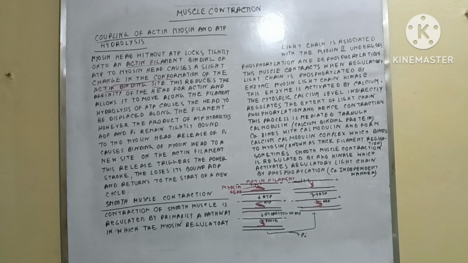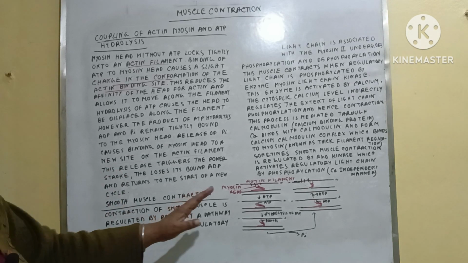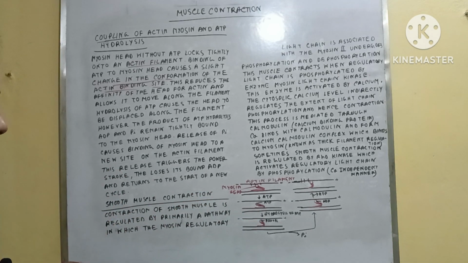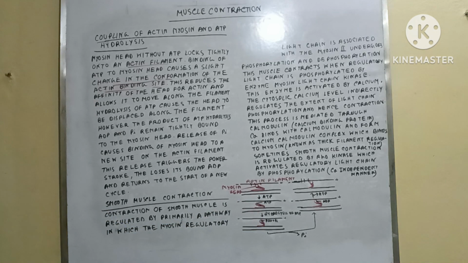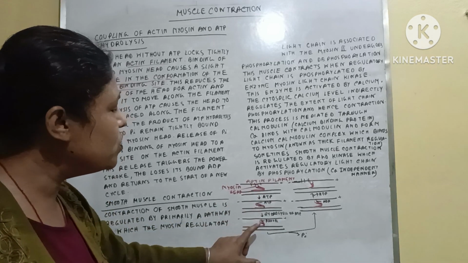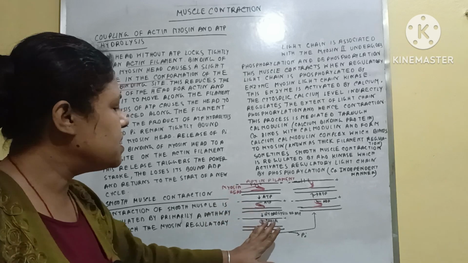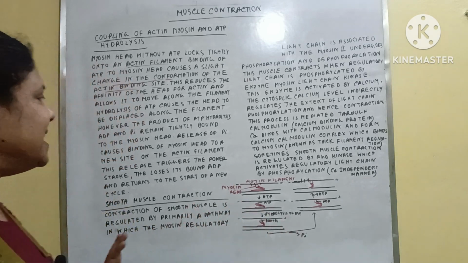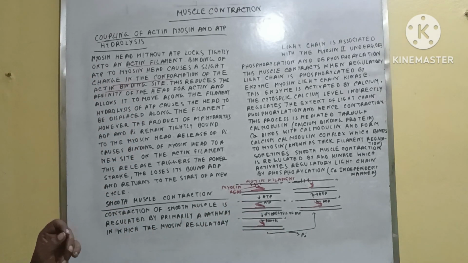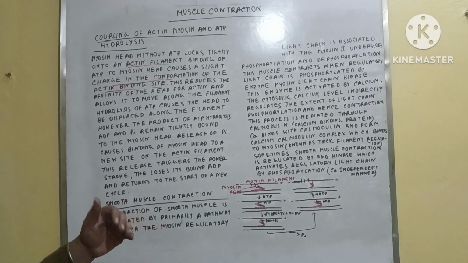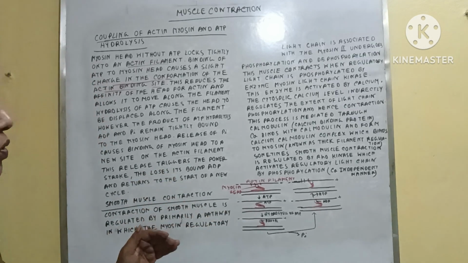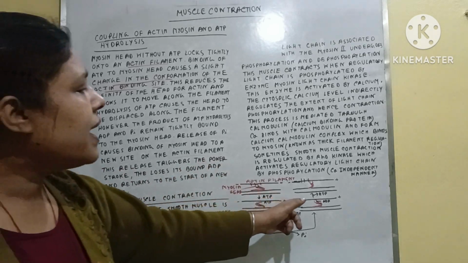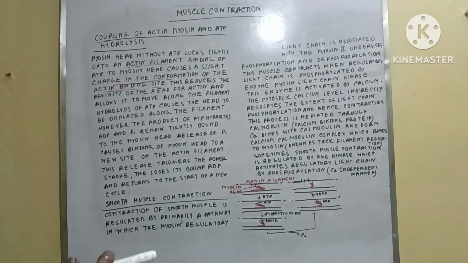Okay, so when this ADP and Pi form by the hydrolysis of ATP, they are bound with this myosin head. But when Pi is released, then a chance arises for the myosin head to bind with another position of the actin filament.